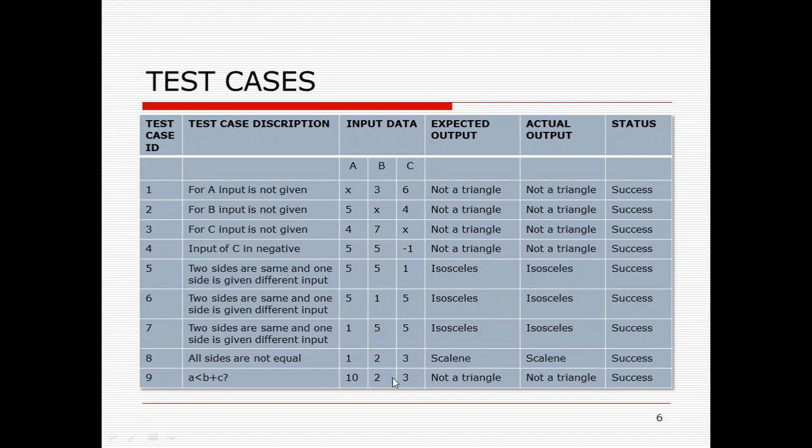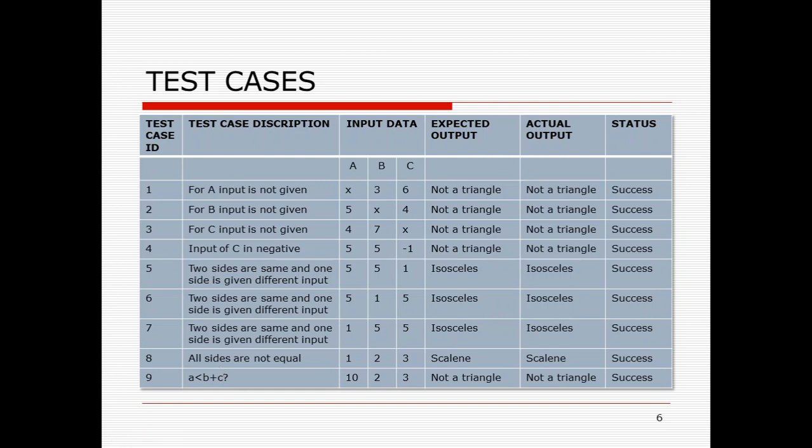If all sides are not equal, see here 1, 2, and 3, then it is scalene, both in the expected as well as the actual. Now this condition is checking whether it can form a triangle or not.